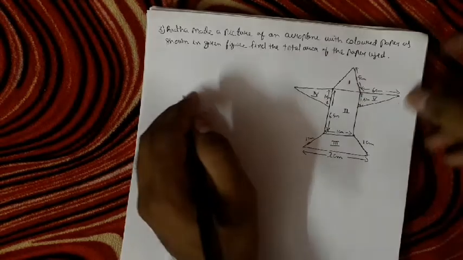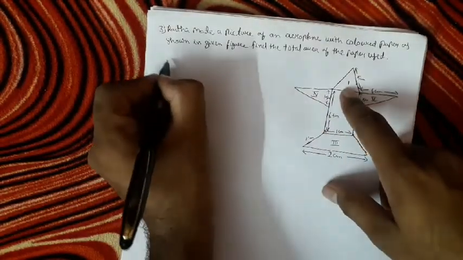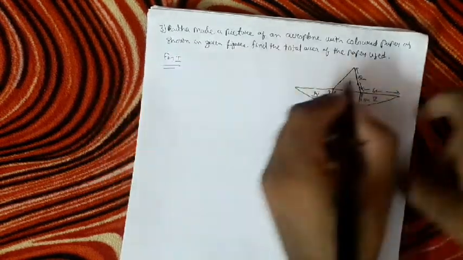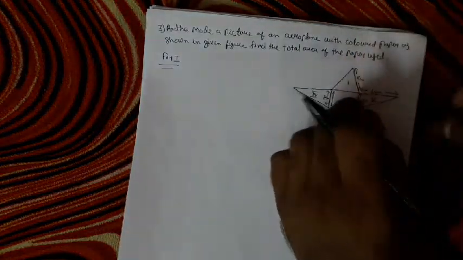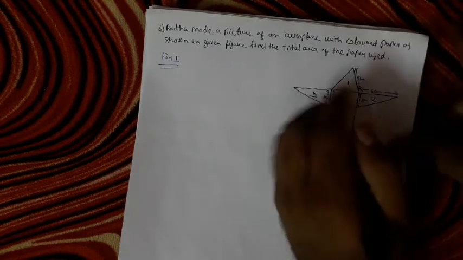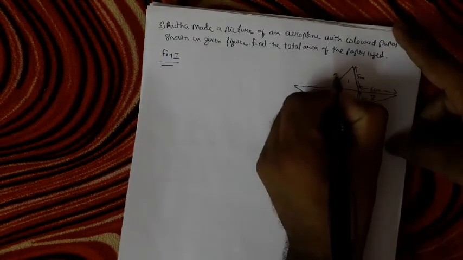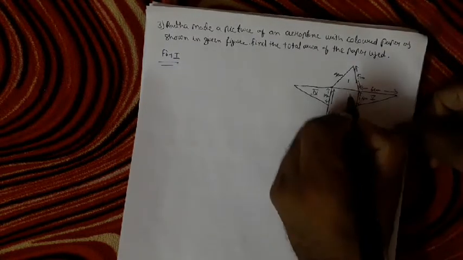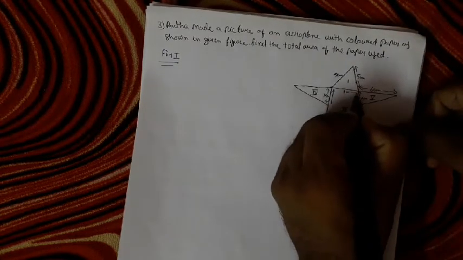very first part, we are taking this one. For the first part, we see it is an isosceles triangle. So this is 5, so this would also be 5 centimeter. And if this is 1 centimeter, this will also be 1 centimeter.